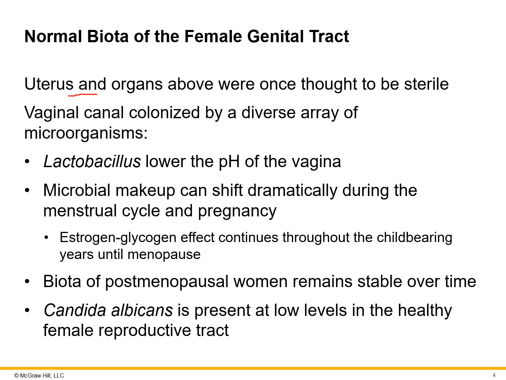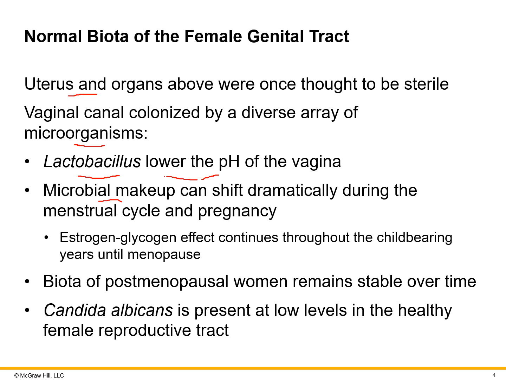However, now we know there are multiple microorganisms that live there to make up this normal biota. And typically the lactobacilli, or bacillus, is one of the more common ones. The presence of it actually helps lower the pH in the vagina. We'll come back to that in just a sec.